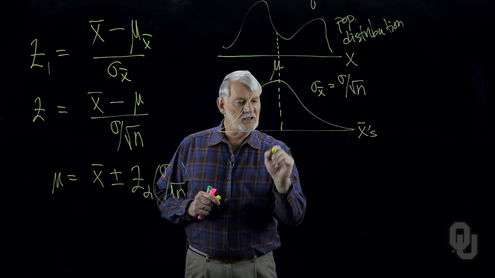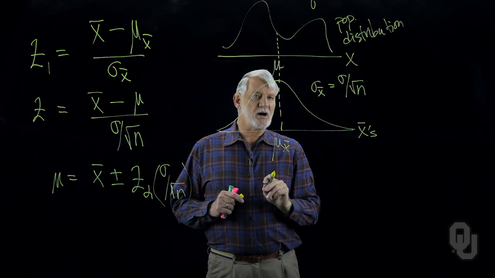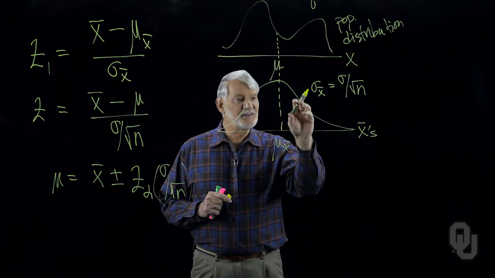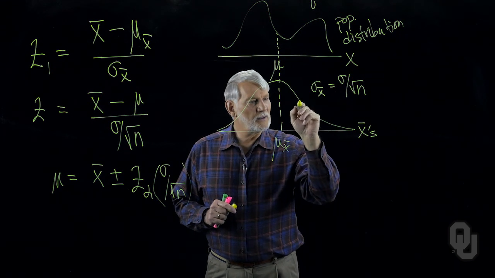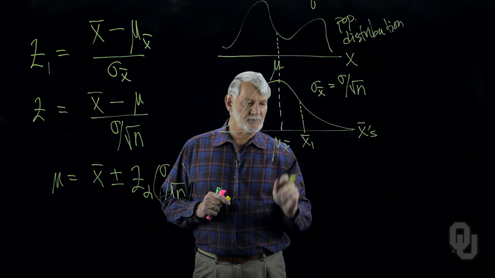The mean of this thing, mean of means if you will, is mu sub x bar. Now, what happens? We pull down a particular sample and we get an x bar. That one, let's say, is here, x bar 1, a particular one.